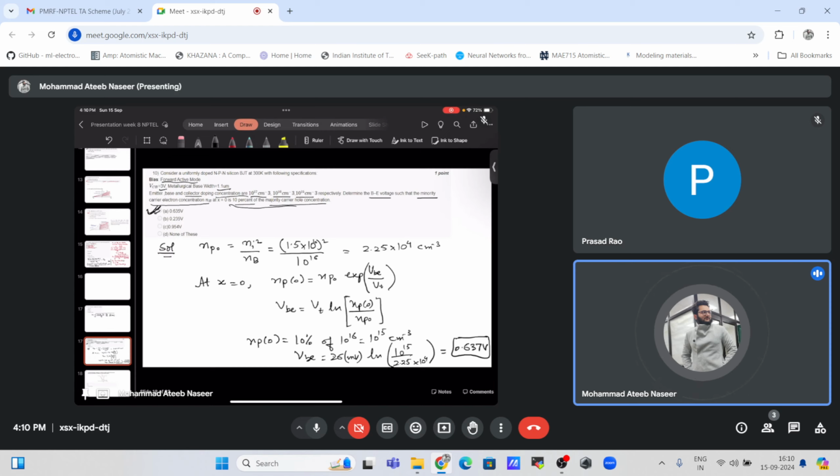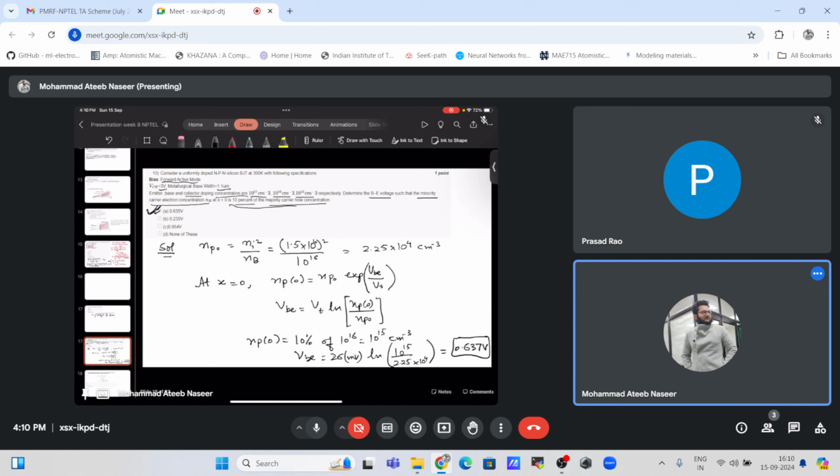Basically, we have to consider two PN junctions for all BJTs, and we will be making our life easier because we now know the PN junction really well. We can easily say that the BJT is nothing but two PN junctions in conjunction with each other, and depending on the biasing of these PN junctions, we will have different modes of operation, which the professor taught us. Now moving to another problem.